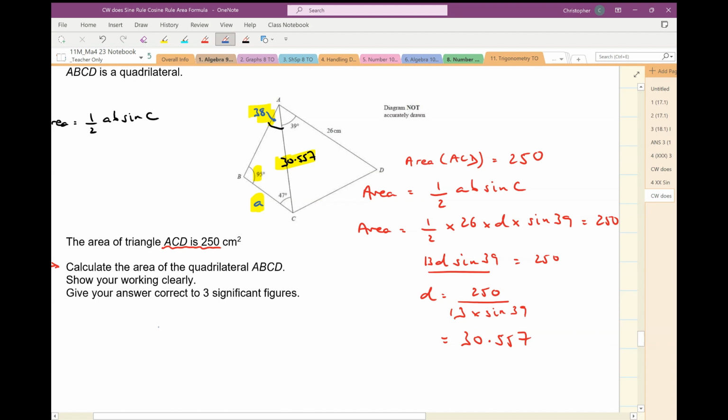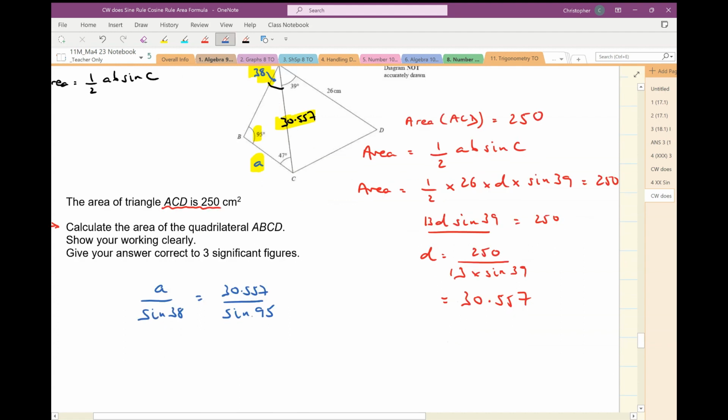So I'm going to have a over sine 38, a over sine the angle opposite, and that's going to equal 30.557 over sine the angle opposite that, which is sine 95. So that tells me that a is 30.557 divided by sine 95 times by sine 38. So a is 18.884.